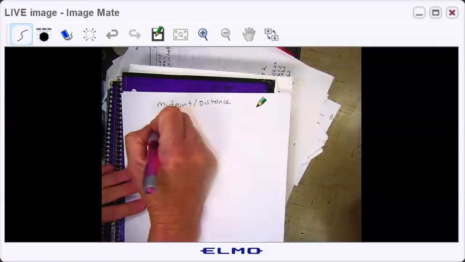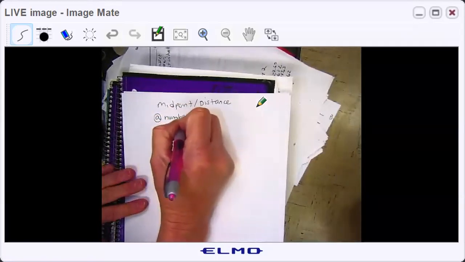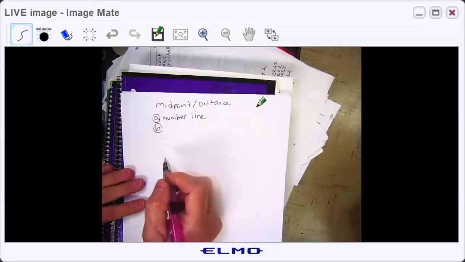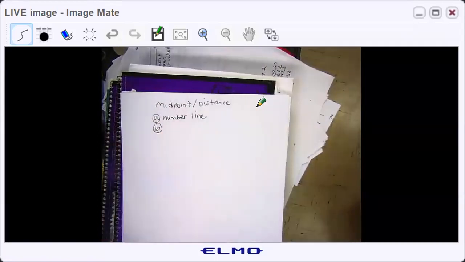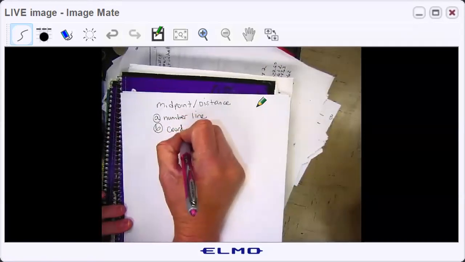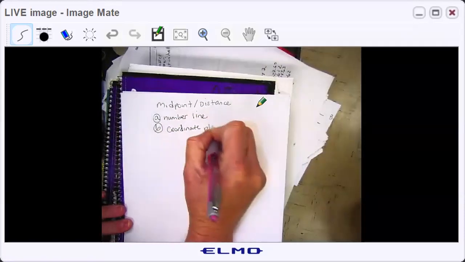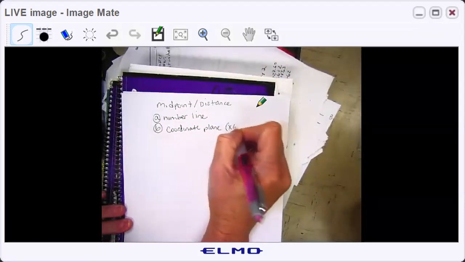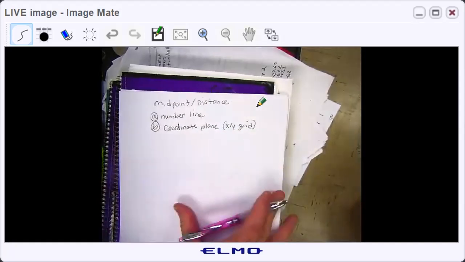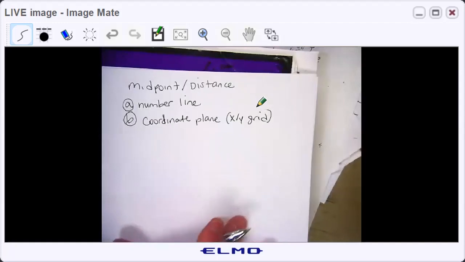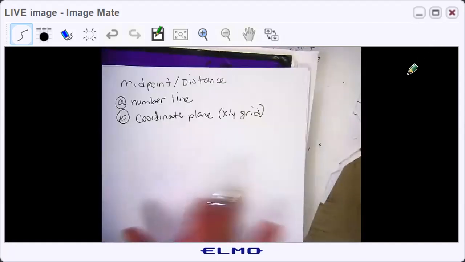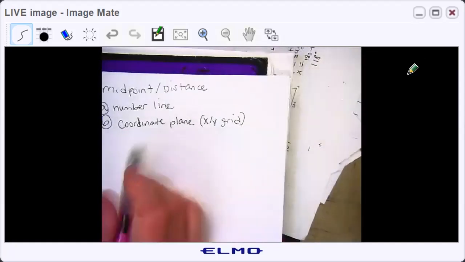So we could be asked to find the midpoint and distance of some number line, or we can also be on the coordinate plane, the XY coordinate plane, also called the XY grid sometimes. Depending on which one you're working on, that's going to make the work different, and it's also going to make formulas different, things like that.